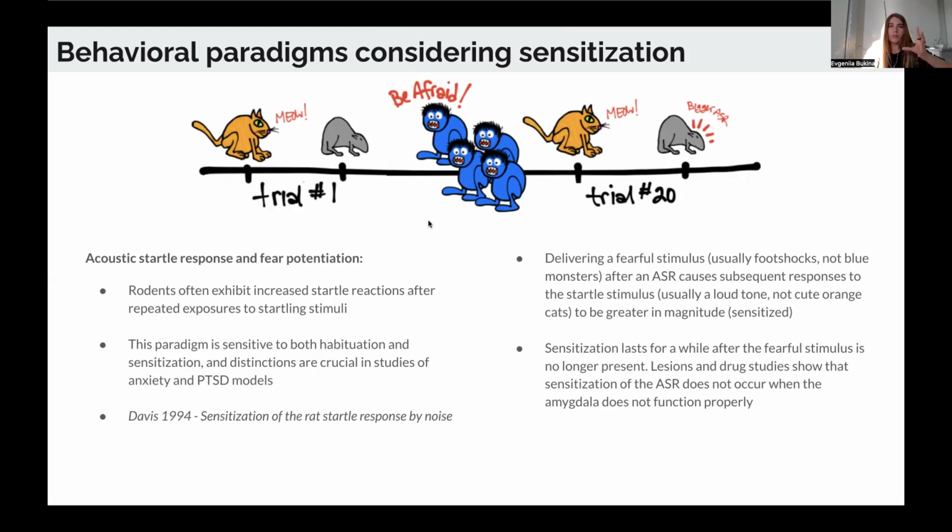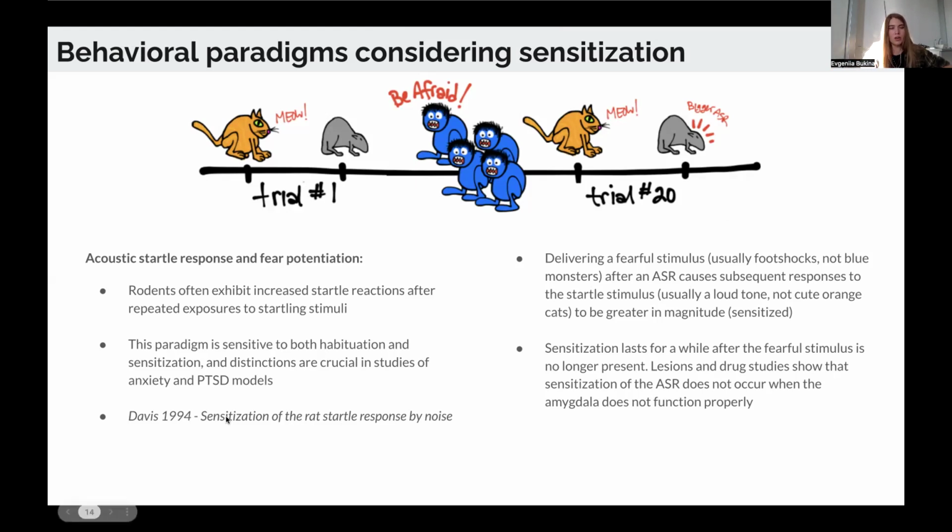But then over time, some background information stresses you a lot. Here some blue monsters are shown, but it could be some noise that we will discuss a bit later, or some light or some conditions that can cause stress to the organism, and then to the same stimulus you overreact. And it was shown in a startle response.